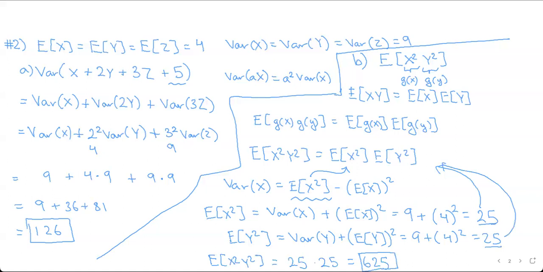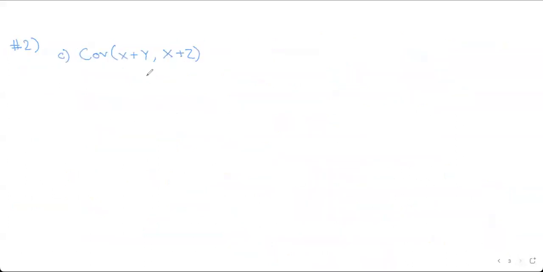Now the last problem, part C, asks us to find the covariance of x plus y and x plus z. So for this problem, we have to use some covariance properties. It's important to remember that because x, y, and z are all independent, the covariance of any single pair will be 0.